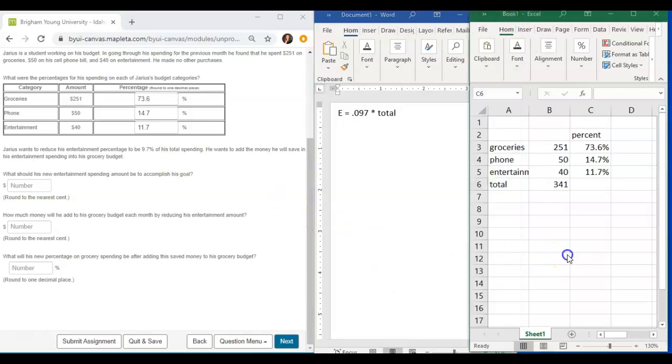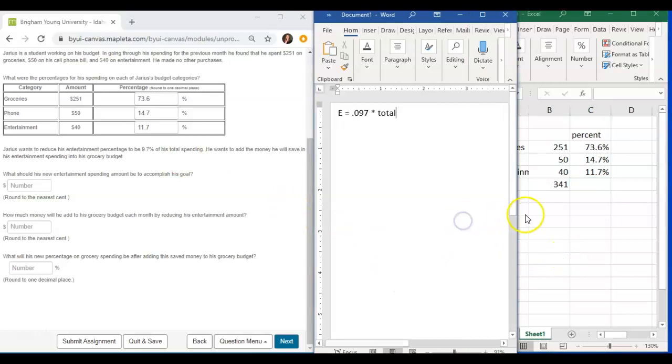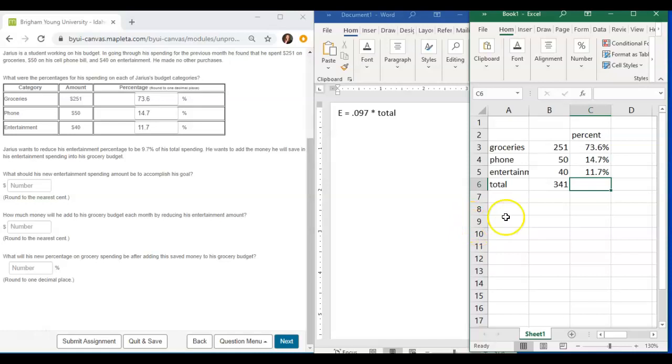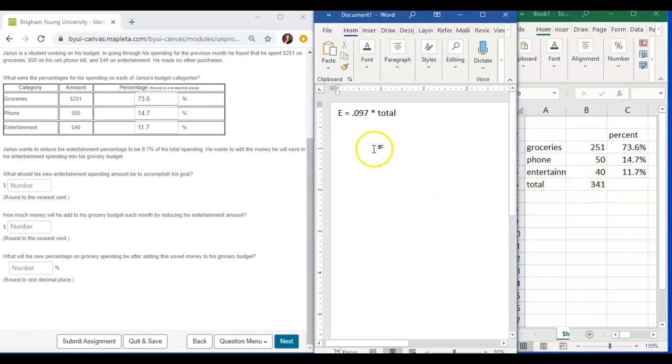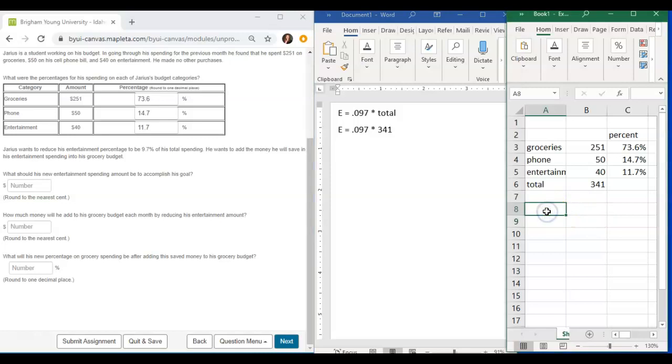And we found the total over here. The total here was $341, so we'll substitute 341 in for the total, and then we can just multiply that. Again, I'm going to come over here and use Excel. We want the entertainment to be 9.7% instead.